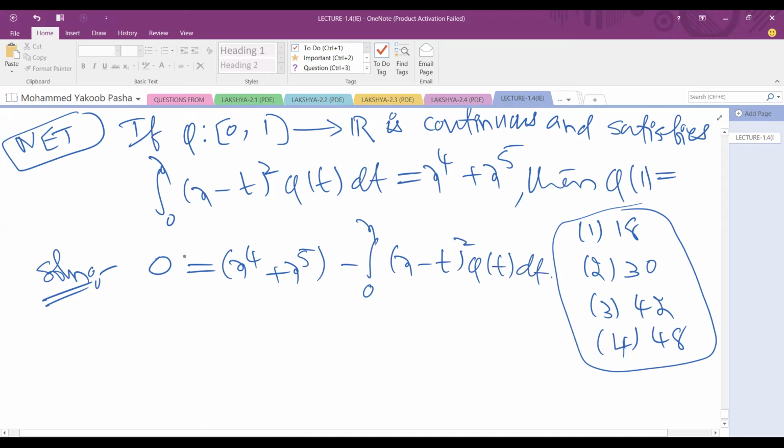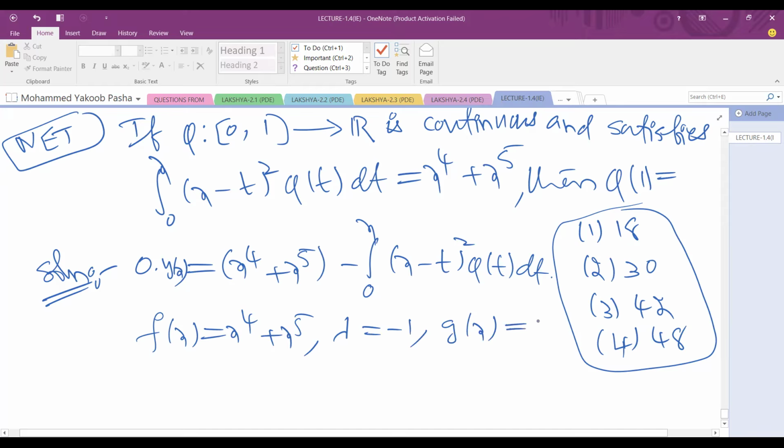Here 0 means 0 into y of x. So the general solution, we can write the f of x value first. F of x is x power 4 plus x power 5, lambda is minus 1, and g of x, anyone guess g of x? X square. Okay, right.